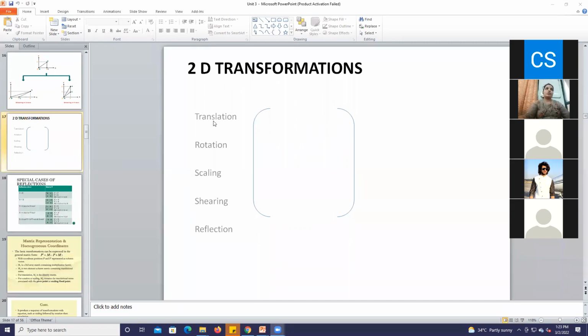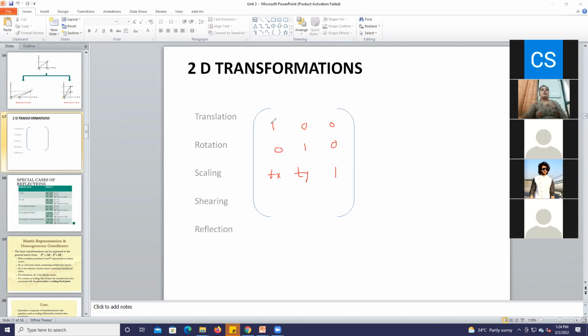Can you tell me what is the T matrix for the translation, 2D translation? So for translation, I am having this T matrix. This is here Tx. This is Ty, and it is 1. So translation along X, translation along Y, and 1.